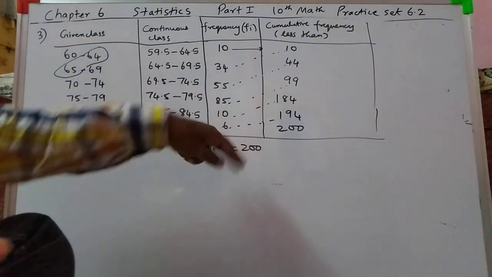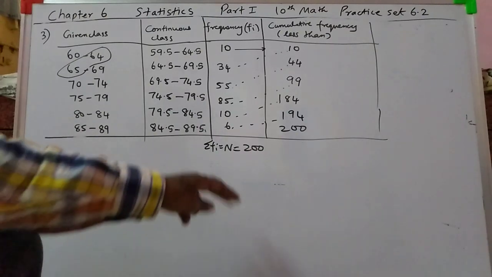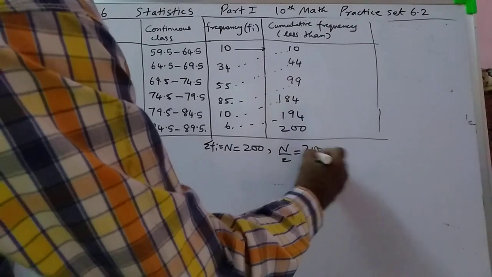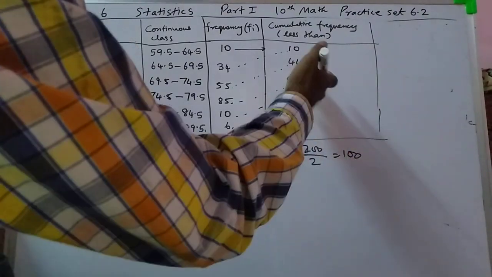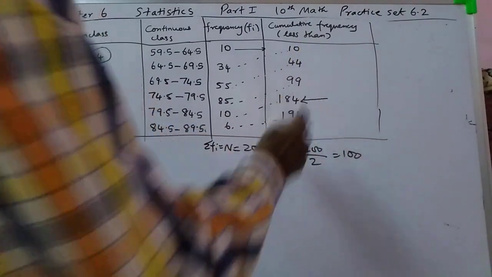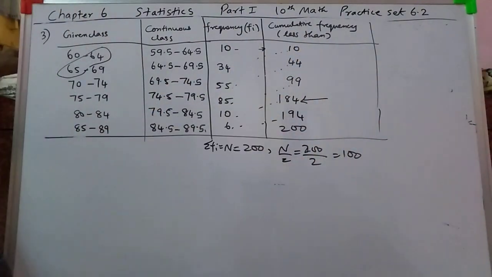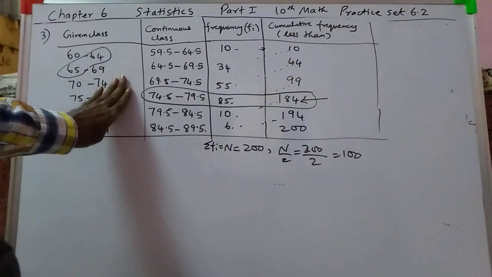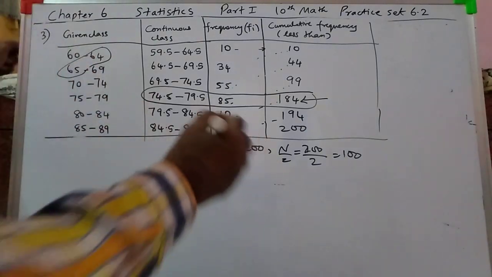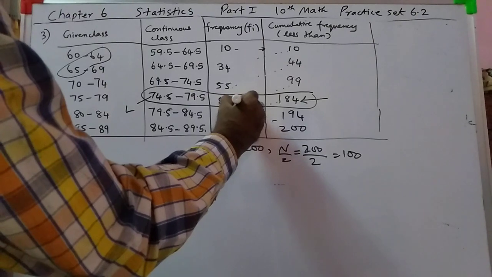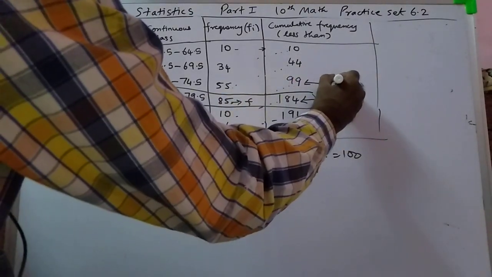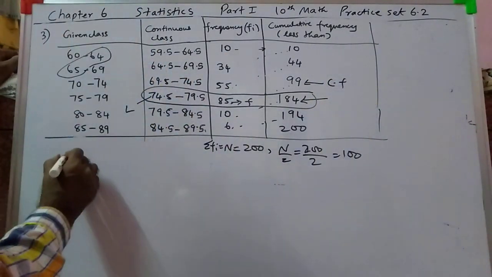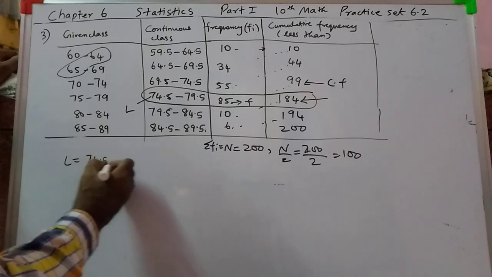Now you got the first part, now you calculate n by 2. n by 2 is 200 by 2, 100. Check where it is fitting. It is fitting here. This part is not needed. Write it here: L is equal to 74.5.